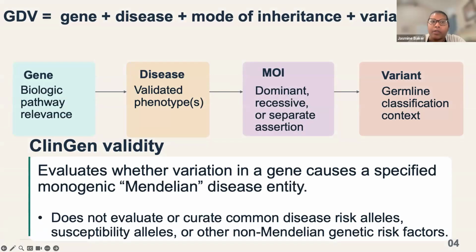So a complete validity assertion includes the gene, the disease, the mode of inheritance, and the relevant germline context, which is the classification that you will have. ClinGen focuses on specified monogenic disease relationships rather than common risk or susceptibility alleles. That is a really important point to make note of.